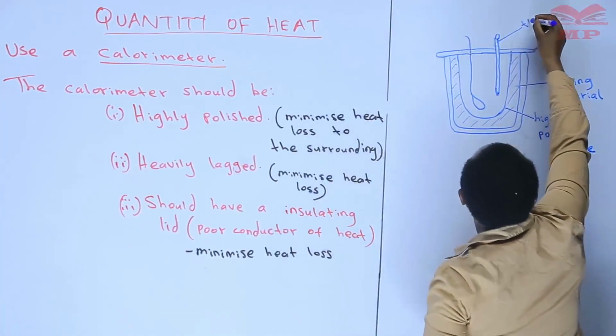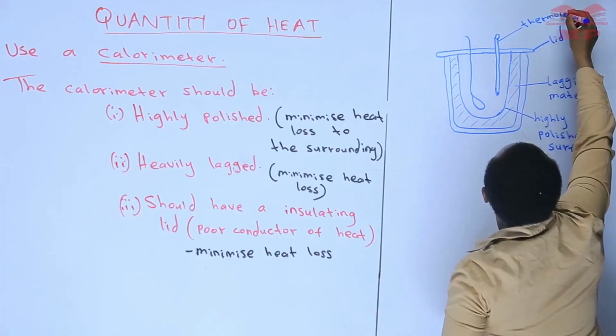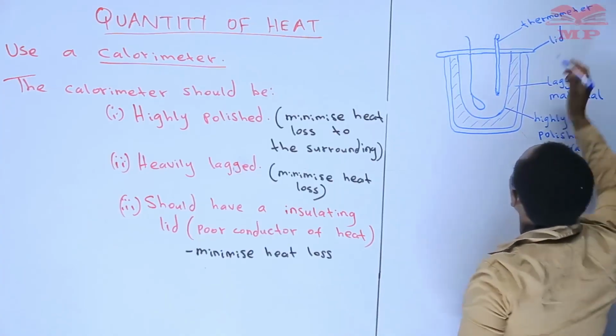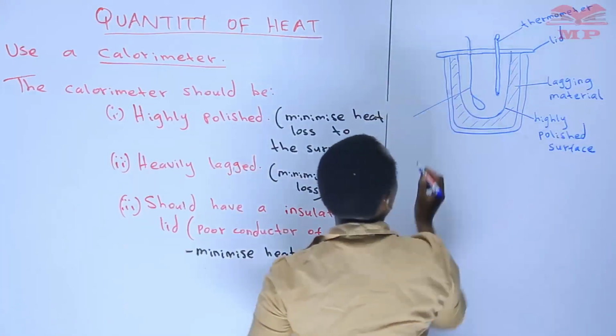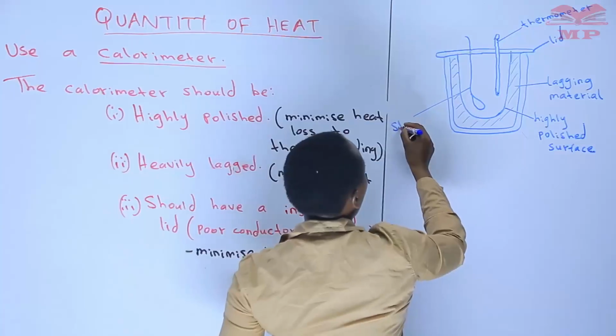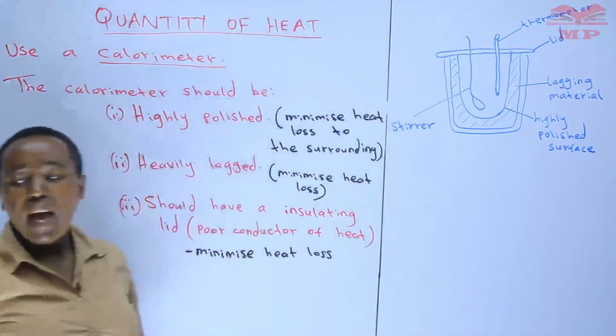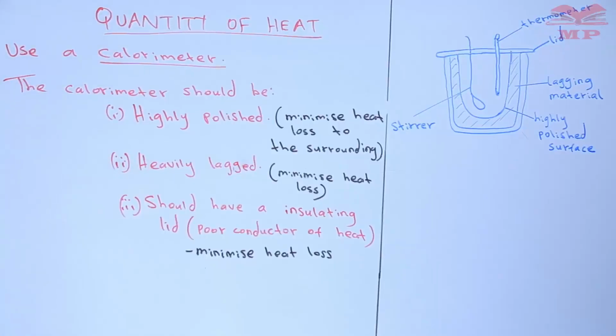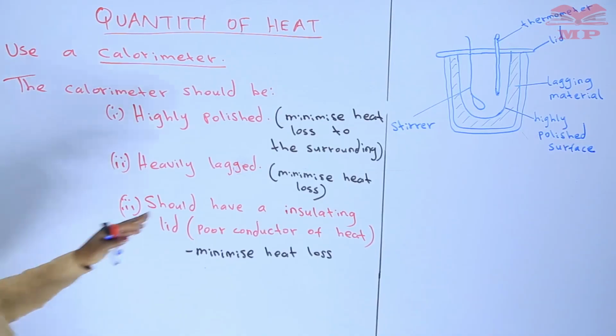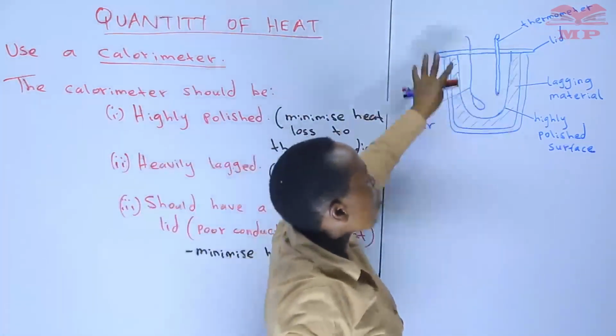So this is our thermometer, and this is our stirrer. That is what we have for the calorimeter: the stirrer, the thermometer, and the lagging material. So this is simply what we are calling the calorimeter.